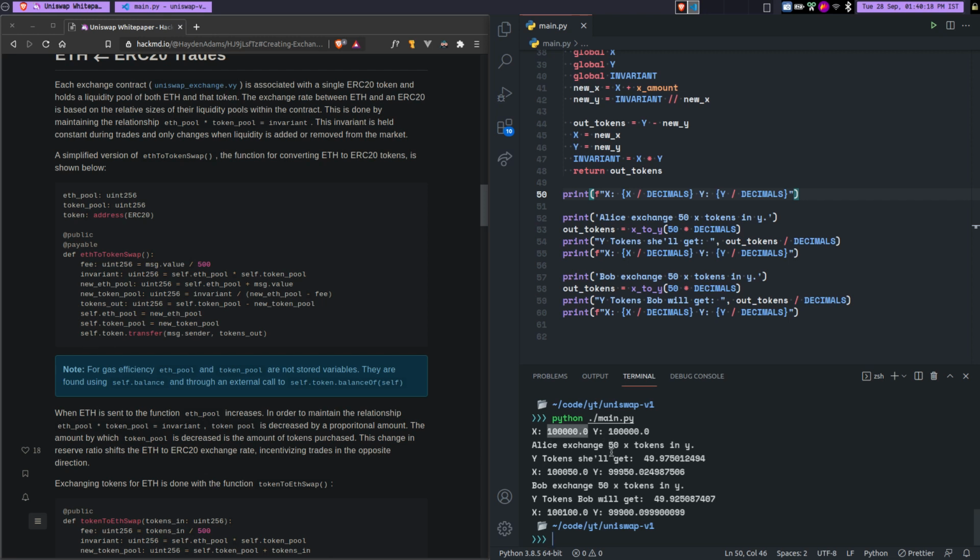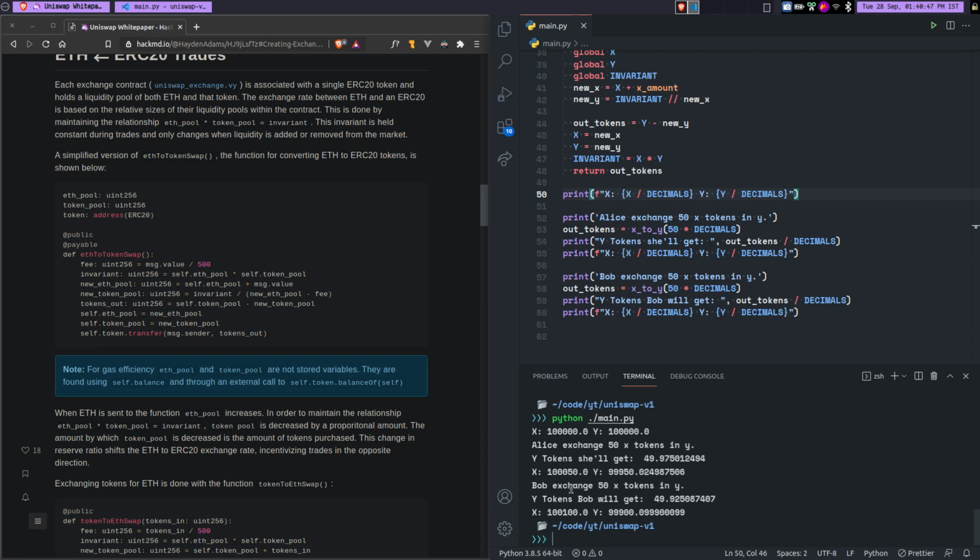Let's understand now. Initially you can see the amount of X and Y tokens was 100,000. When Alice wants to exchange 50 X tokens, she gets 49.95 tokens. After doing this, the new amount of X tokens was 100,050, and the new amount of Y tokens was 99,950 point something. Cool. So now you can see that the amount of X tokens increases and the Y tokens decreases.